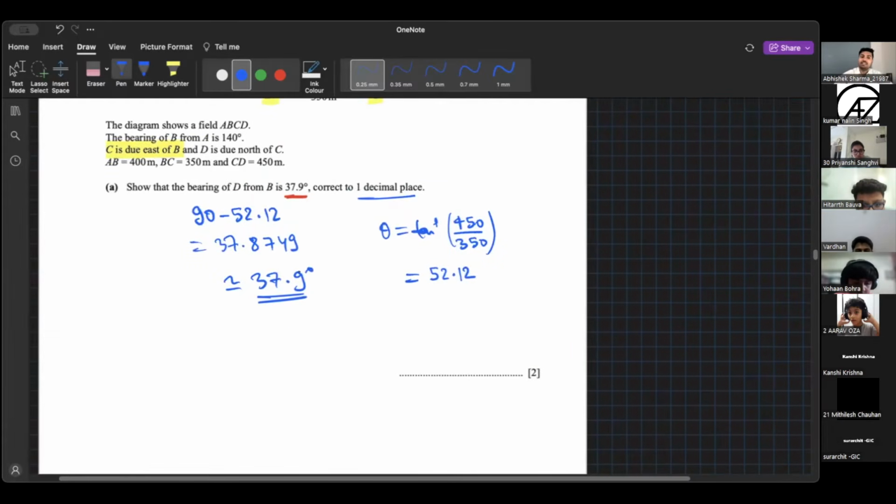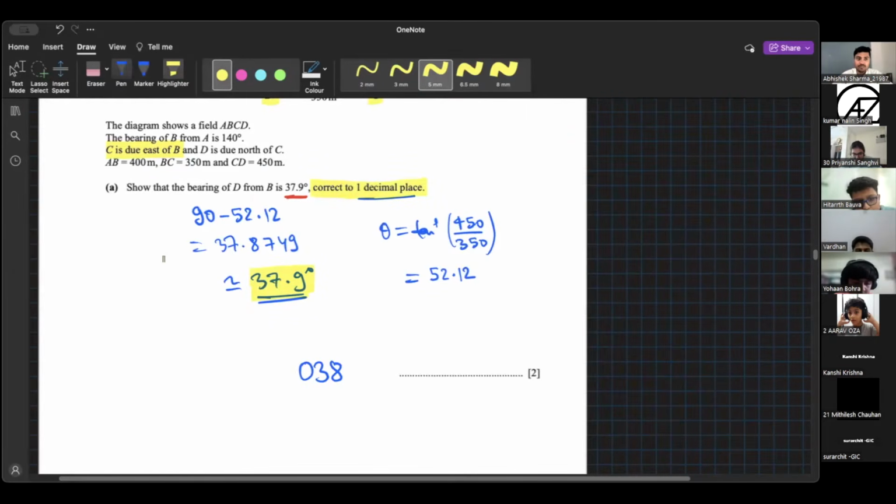If it is 37.9, we will write 38 and we will write a 0 here because the bearings are always written correct up to 3 significant figures. That's the third rule of the bearing. But there is a special mention in this question that you write correct to one decimal place. So there are 3 significant figures only, no? 37.9. So what do we have to write in the blank then?